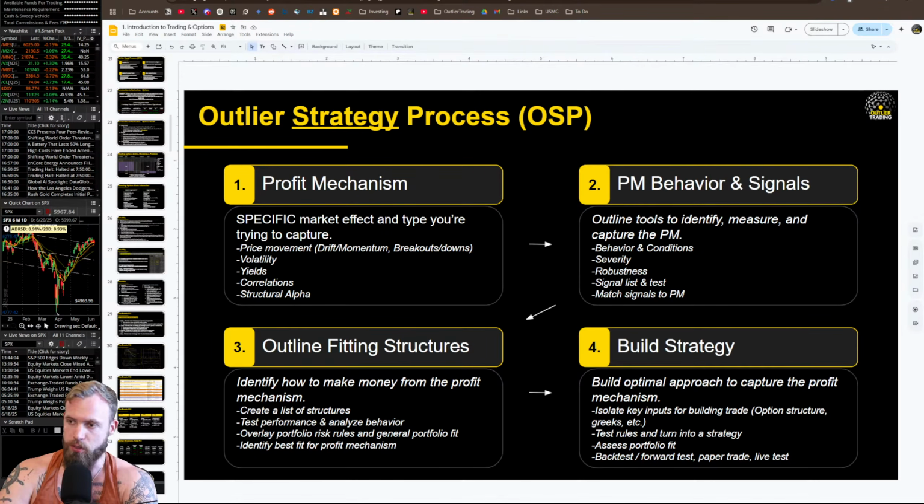So first things first, let's just understand what people tend to do when it comes to a strategy. In general, I think we all tend to know, but people tend to just shoot from the hip, right?